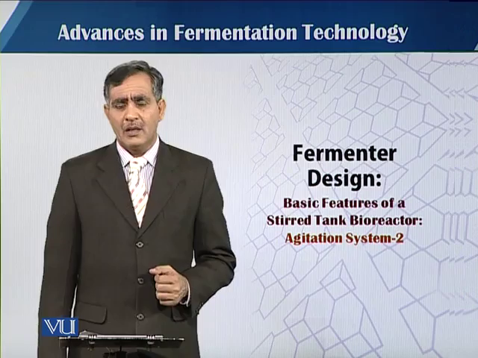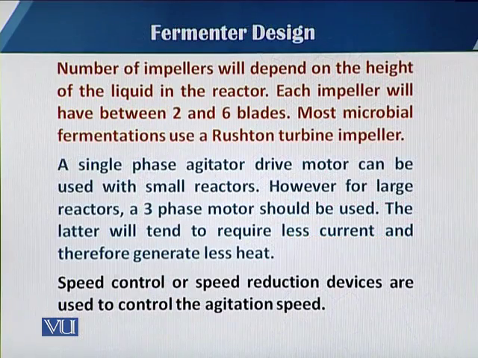importance. Why? First is how many impellers there are and what is the height of the impellers, and we have studied in our previous module about the height of the impellers during the design of the fermenter.